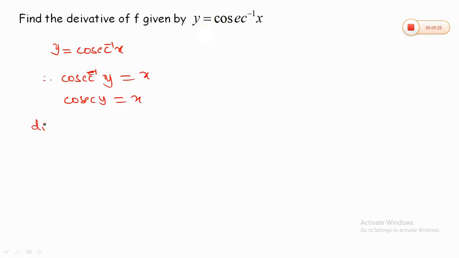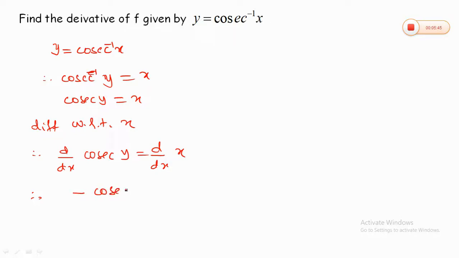Now differentiate with respect to x: dy dx of cosec y equal to dy dx of x. So therefore derivative of cosec is minus cosec y cot y, and derivative of y is dy by dx. This equal to derivative of x, which is 1.